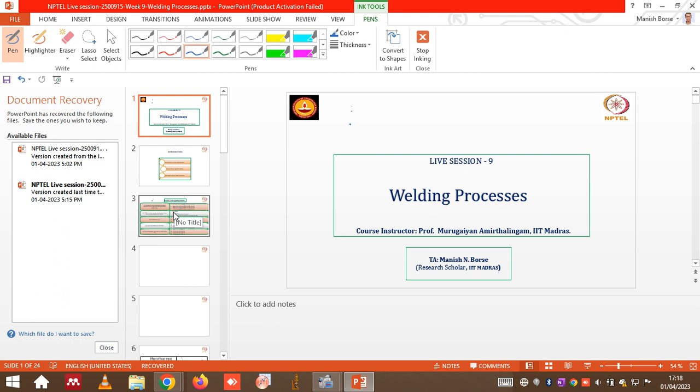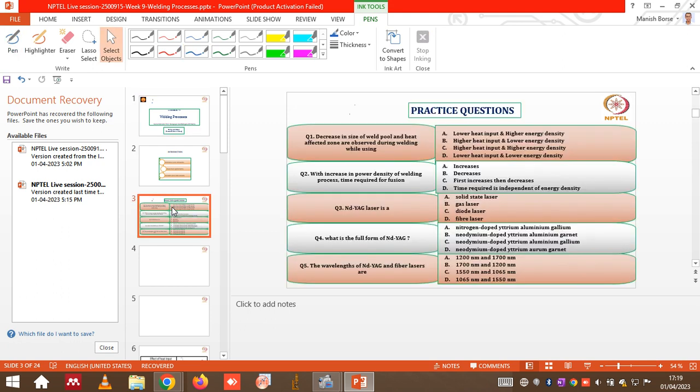In GTAW we have also seen the physics behind the arc, the different factors contributing, and how, by manipulating the current conditions or power sources, we can generate different variants of GTAW. We have also seen resistance spot welding, and we solved some numericals on it.